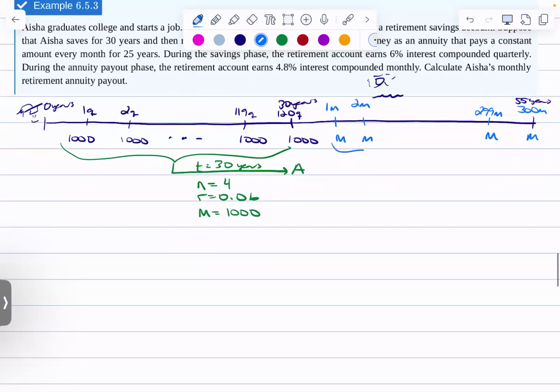So we do the same thing. This A gets handed over and it turns into a P for this kind of new phase of our monies. Switch to light blue because the orange was kind of hard to see. T is 25 years.